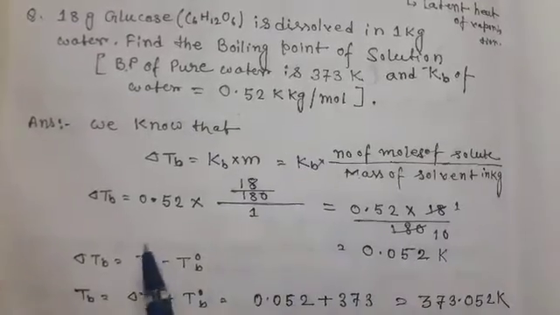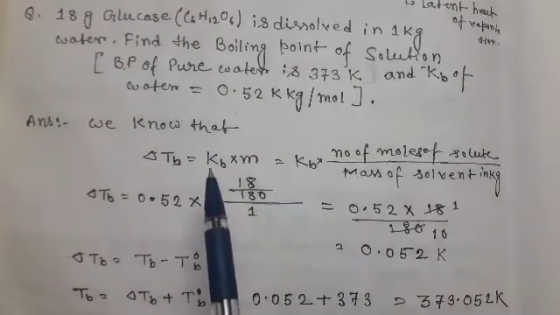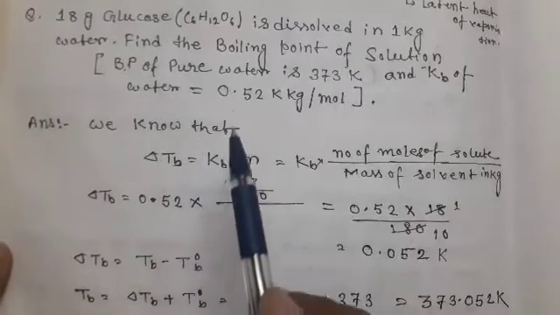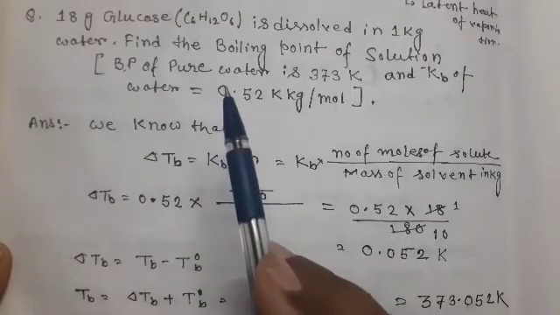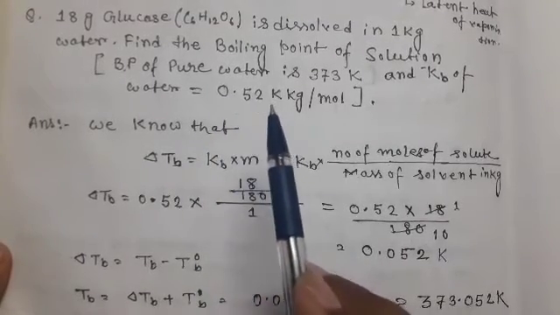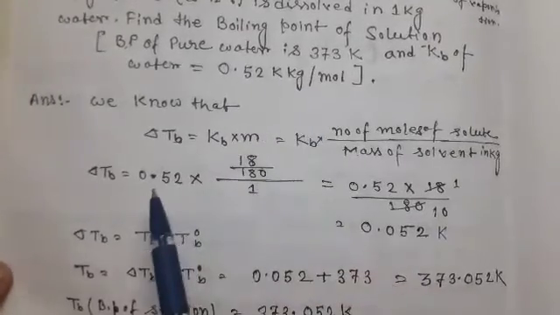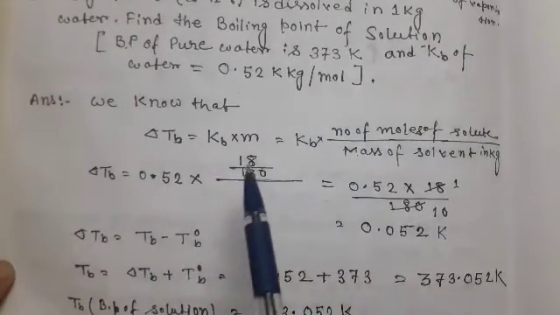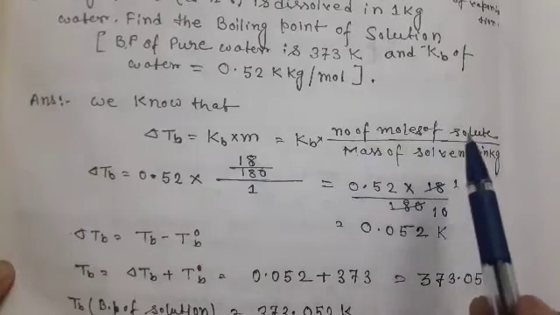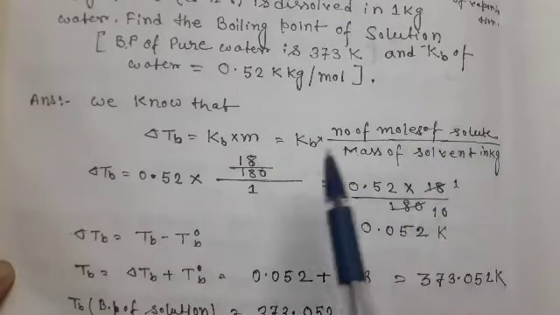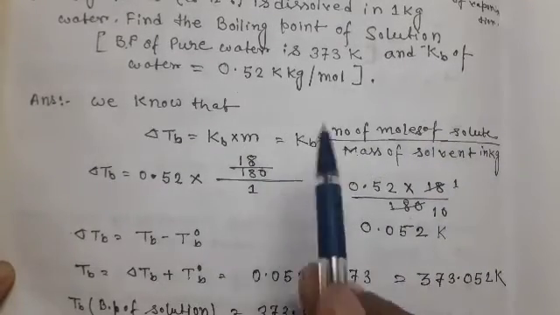Now we put the value of Kb given in this question, that is 0.52 Kelvin kg per mole, into number of moles of solute. Number of moles of solute means given mass by molar mass.